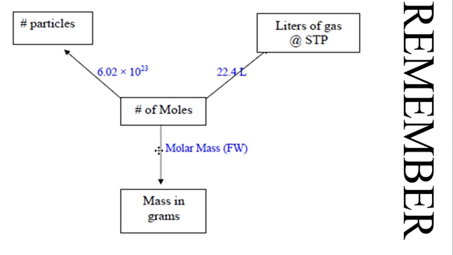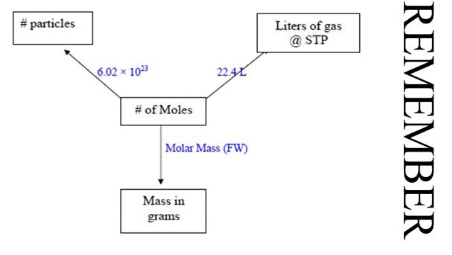So go from moles to grams, we're going to multiply by the molar mass, multiply by Avogadro's number to get to particles, and multiply by 22.4 to get to liters at STP, and we do our dance. To go back from any one of these three back to mole, we divide going against the arrow. So divide by 22.4, Avogadro's number, the molar mass.